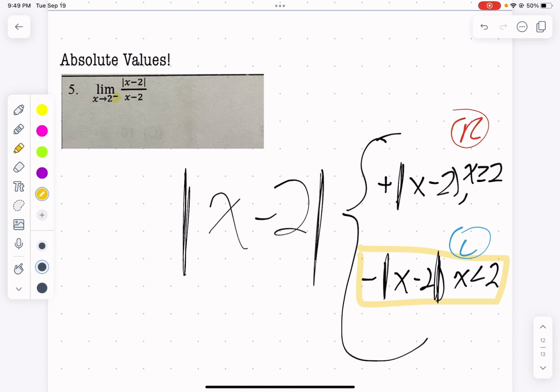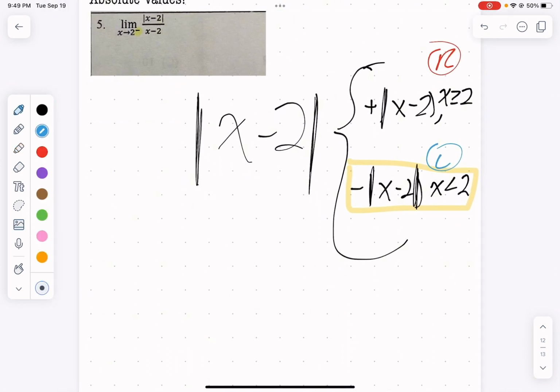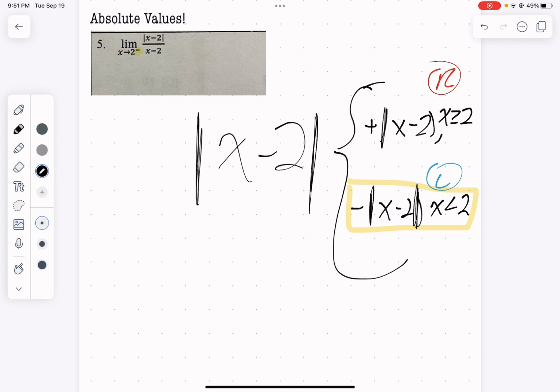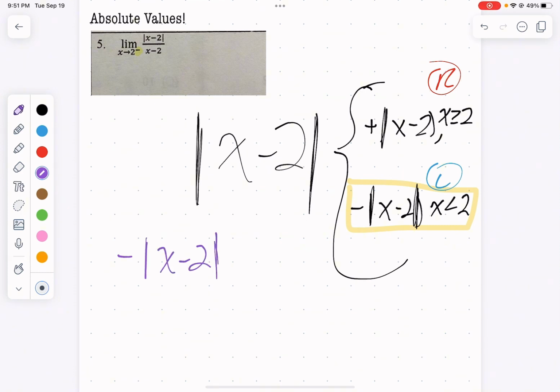Let me go ahead and solve it so it makes sense for you. We'll have negative x minus 2, because it's asking for when it approaches from the left, over x minus 2. Because it's x minus 2 over x minus 2, it's like dividing something over itself, which gives you 1, but there's a negative, so this will give you negative 1.